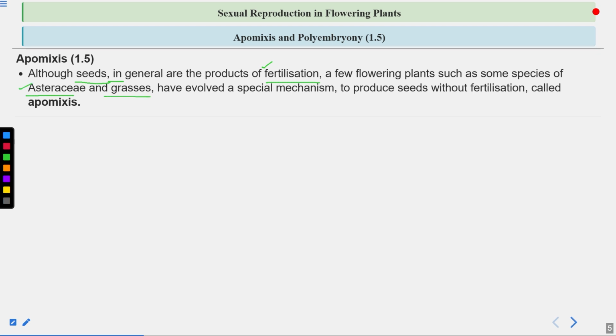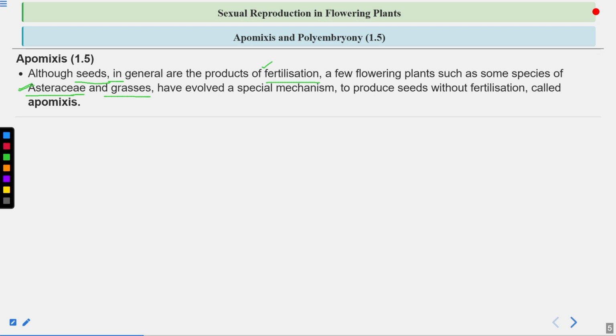Asteraceae is the name of a family in the angiospermic plants, and it includes very important flowers like Tagetes, sunflower, or cosmos. All these belong to Asteraceae, right? We have the grasses also. Grasses belong to the monocots. Asteraceae belongs to the dicots.